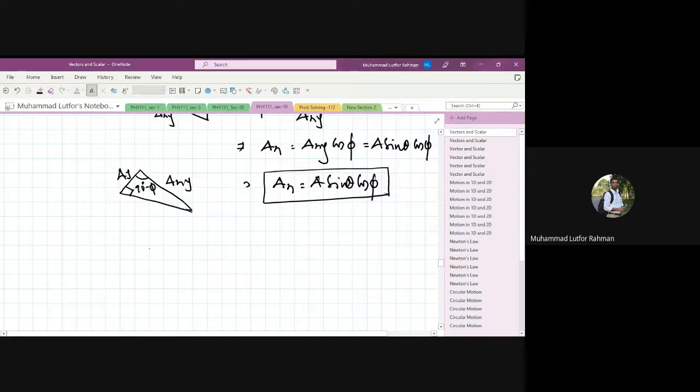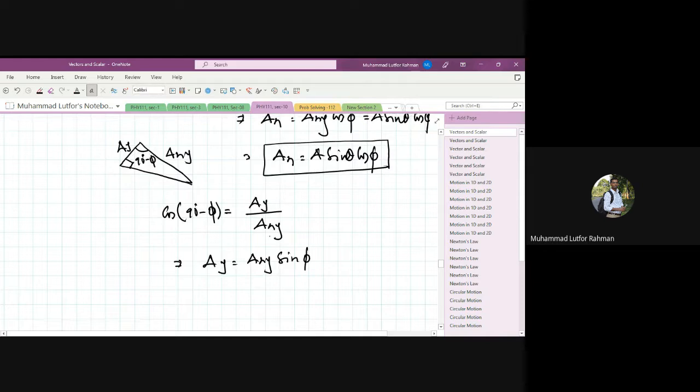So if that is the case, then I will write again cos(90 degrees minus phi) would be base. Base is A_y divided by A_xy. Now I can write A_y would be A_xy cos(90 degrees minus phi), which would be sin phi, right?